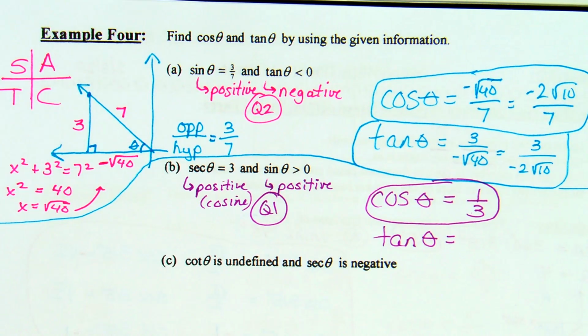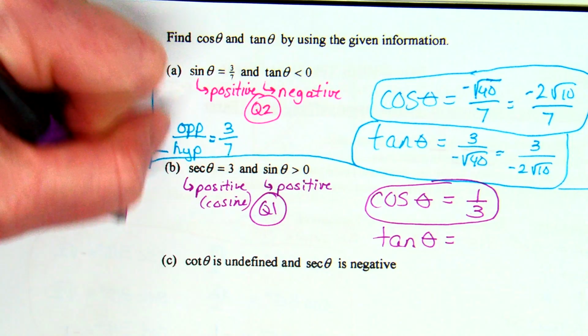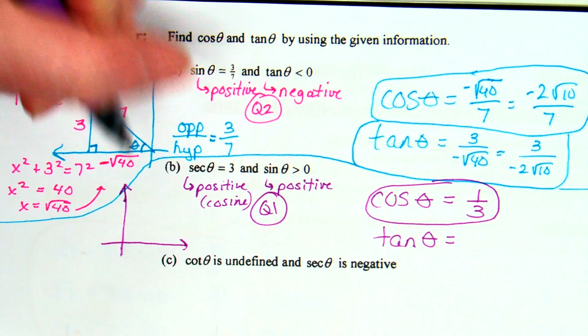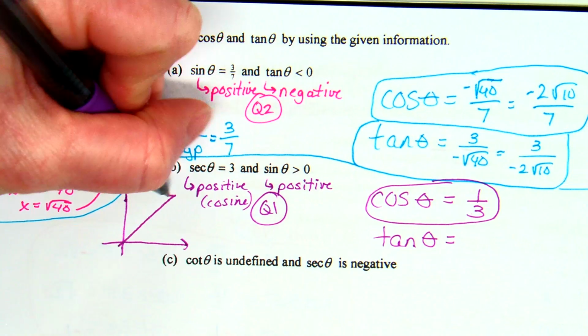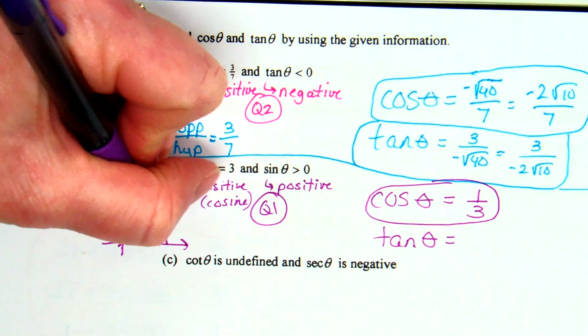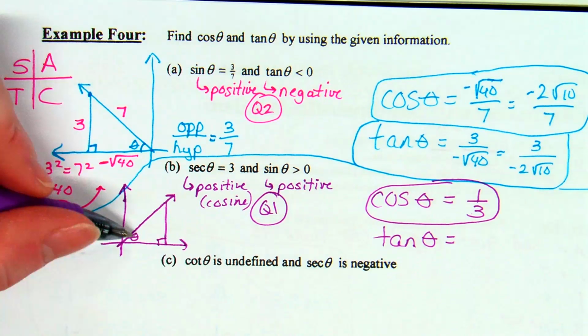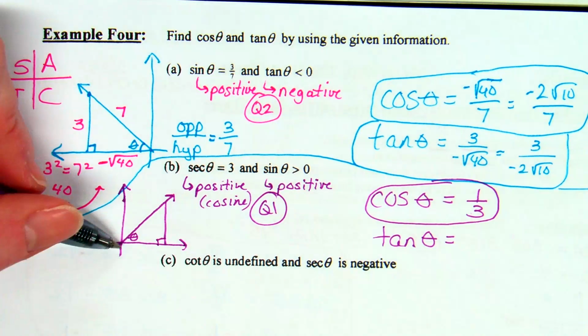So again, I'm going to draw a triangle. This time I'm drawing my triangle so it is positioned in quadrant 1. So here's quadrant 1. My triangle looks something like this. Theta is in the angle by the origin on the x-axis. We said adjacent is 1.